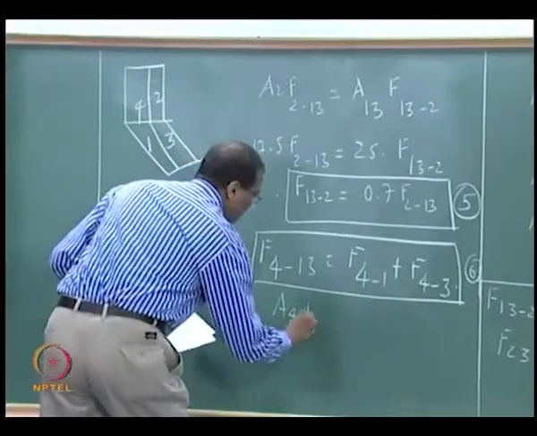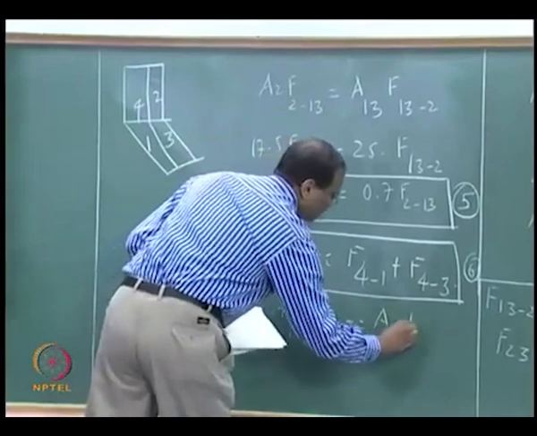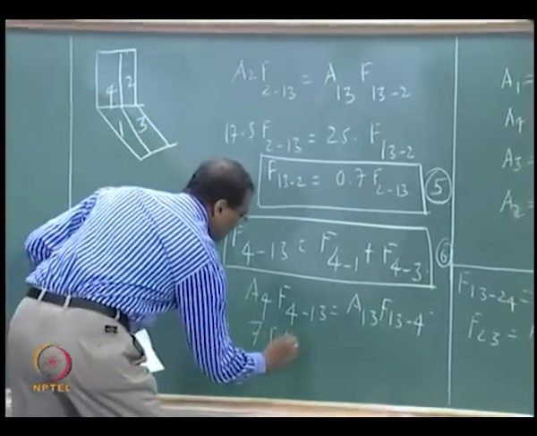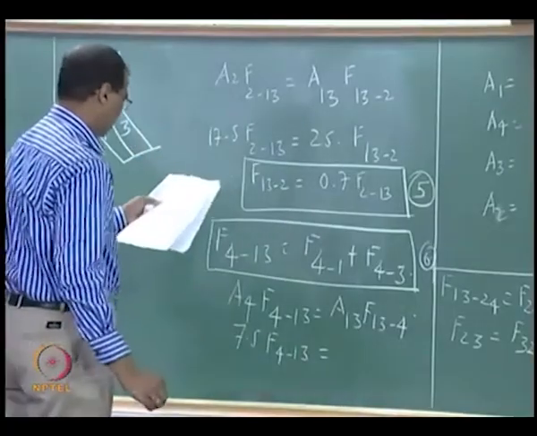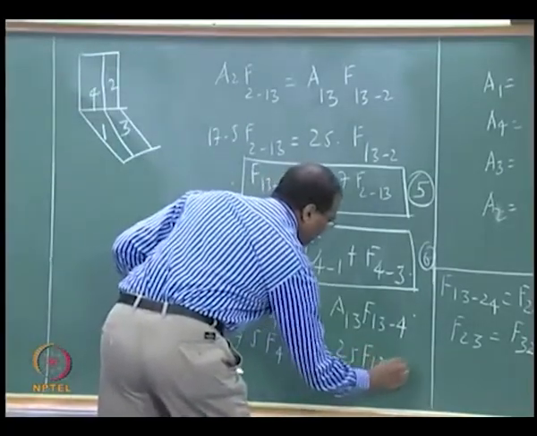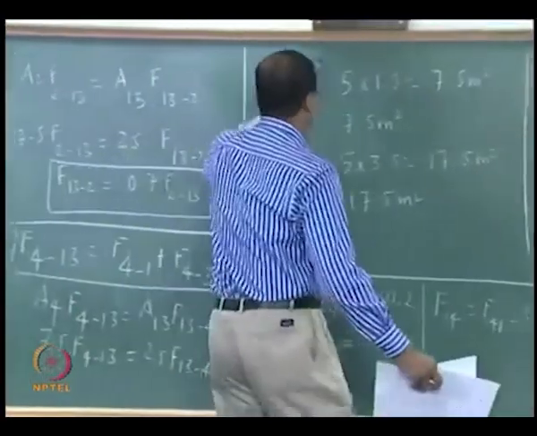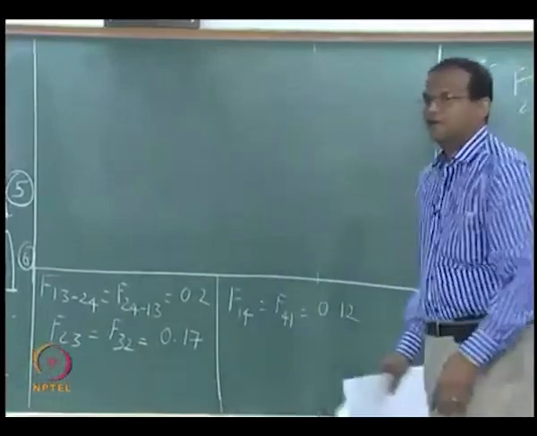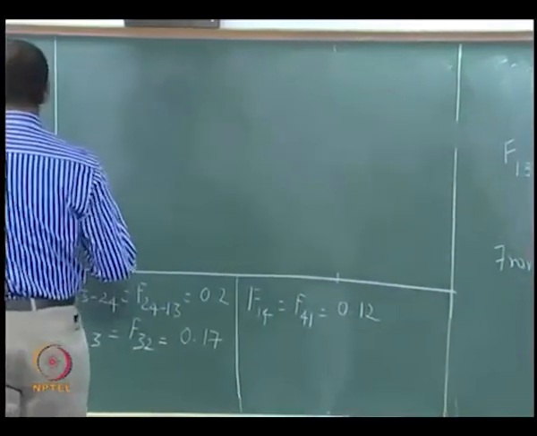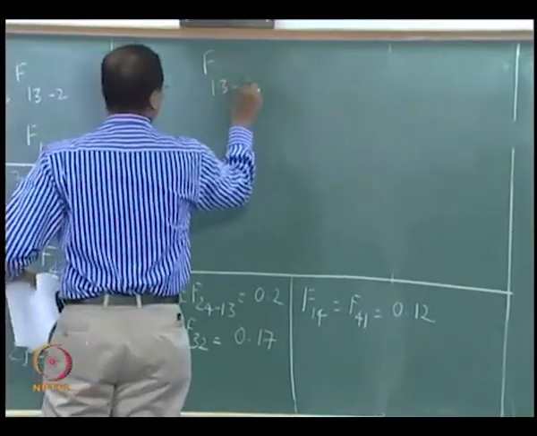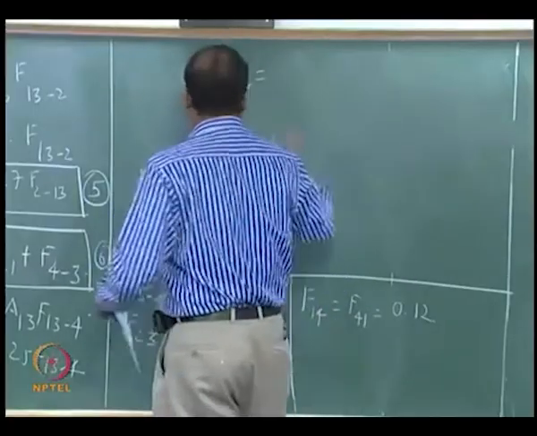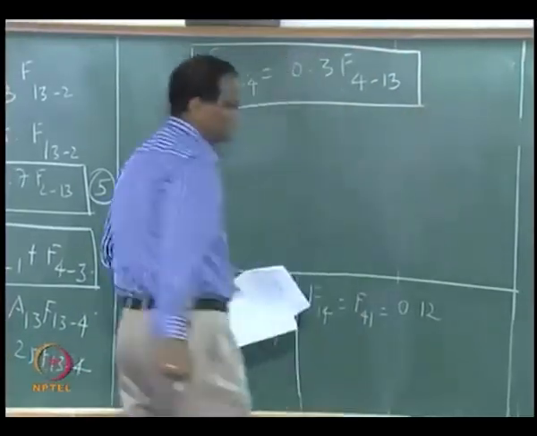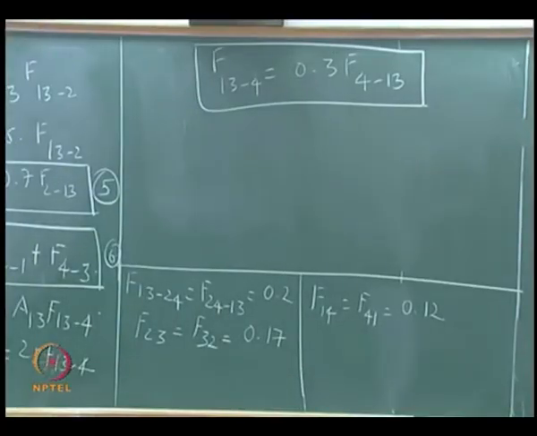So A4, so 7.5 is equal to 25. Now I can remove this. Okay. So this I will call as 7.